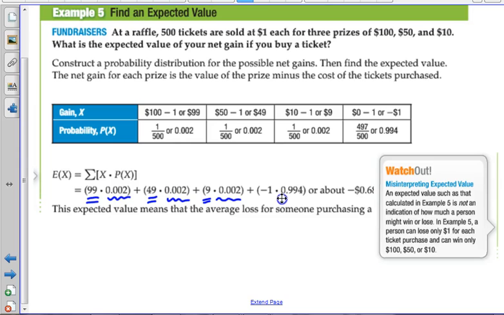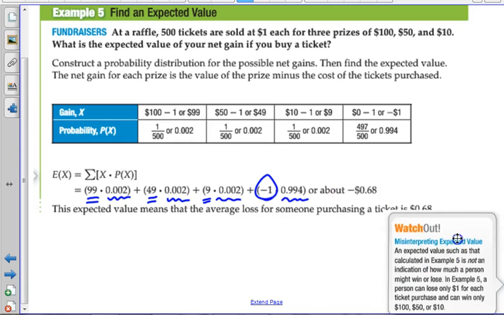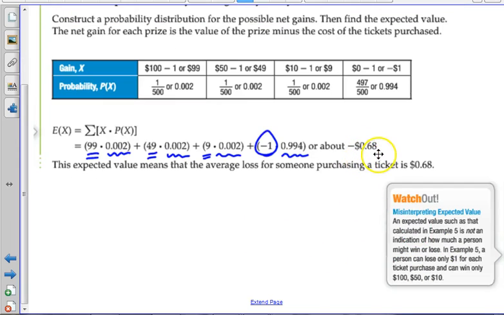And the other 497 out of 500 will each lose $1. Okay? If we add that all up, it's negative 68 cents, which means the expected value, or the average loss if you put everybody in a pool, is 68 cents per person.